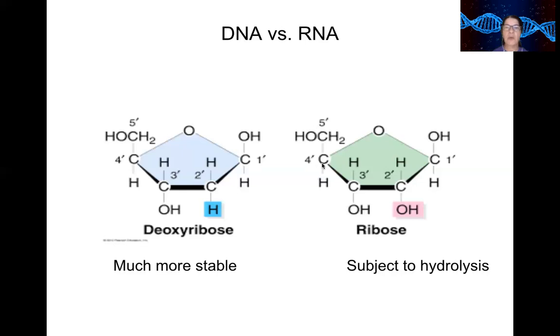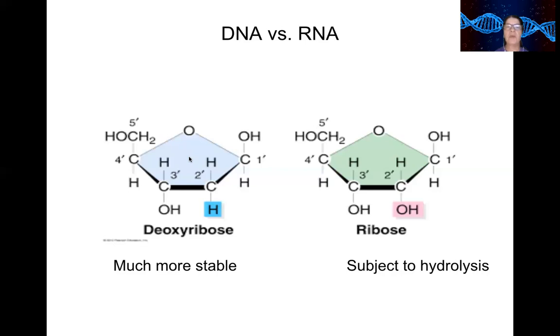So the 2 sugars vary only slightly in structure, but the properties are very different. And because their chemical properties are different, their functions are different. Ribose is used in RNA, deoxyribose is used in DNA.